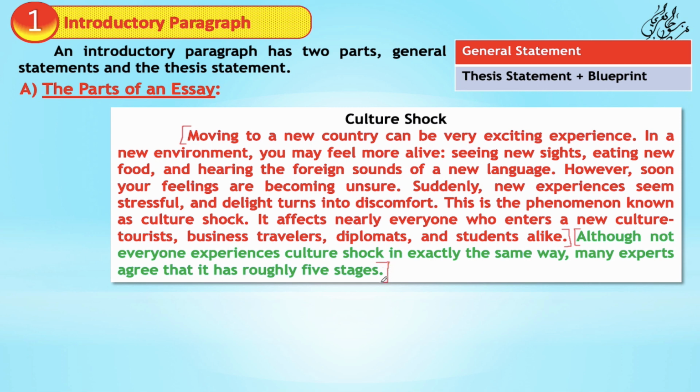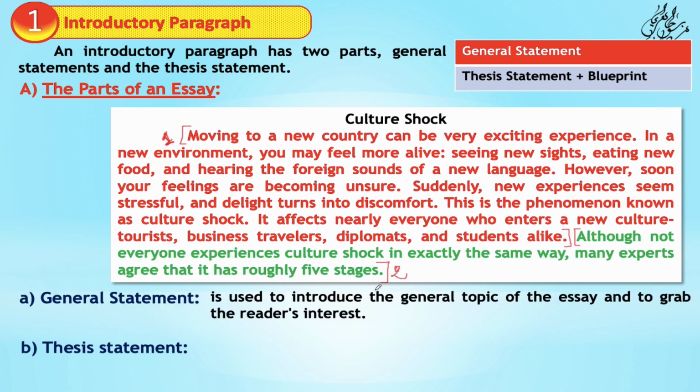This is the general statement, marked number 1, whereas the thesis statement is marked number 2. Good. Here, the general statement is used to introduce the general topic of an essay and to grab the reader's interest. And please focus, which means put a lot of attention on the general statement, while the thesis statement states the topic of the essay.